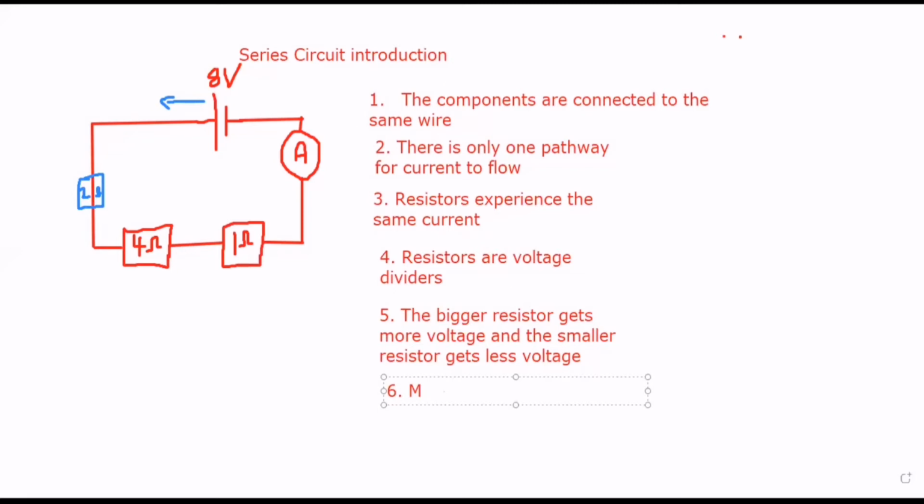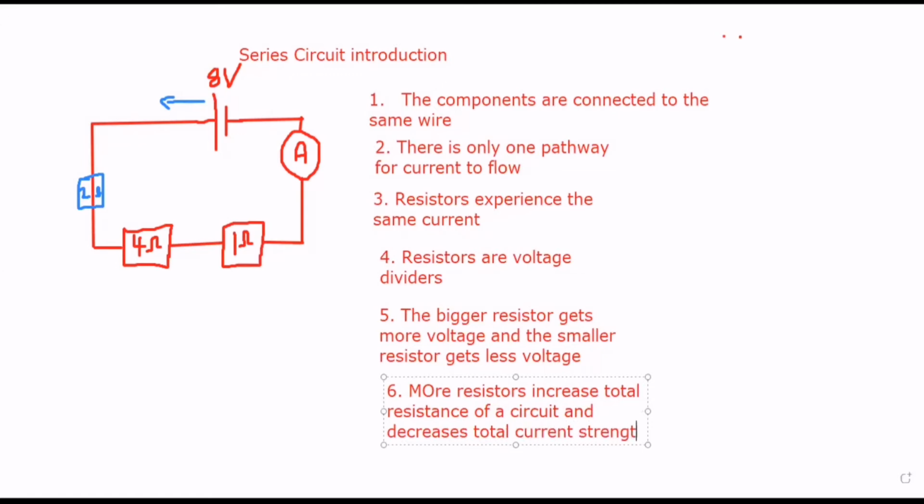So more resistors increase total resistance of the circuit and decrease total current strength, right? It's like you're now fighting more people. When you're fighting more people, it becomes hard for you. You cannot win. It's unlike fighting one person. When you're fighting like 3 or 4, they might defeat you.